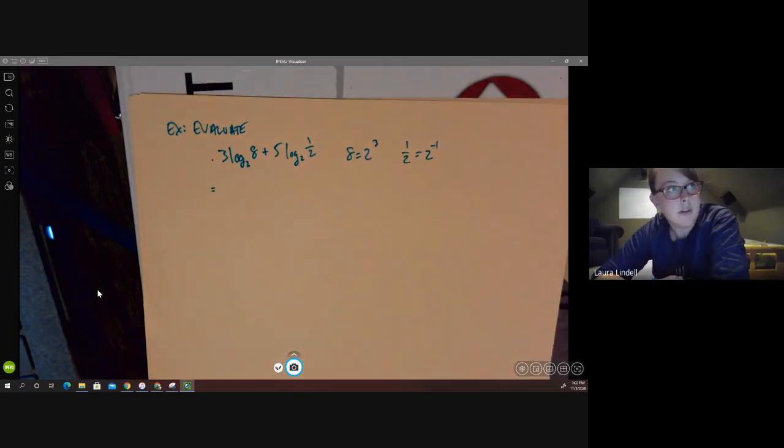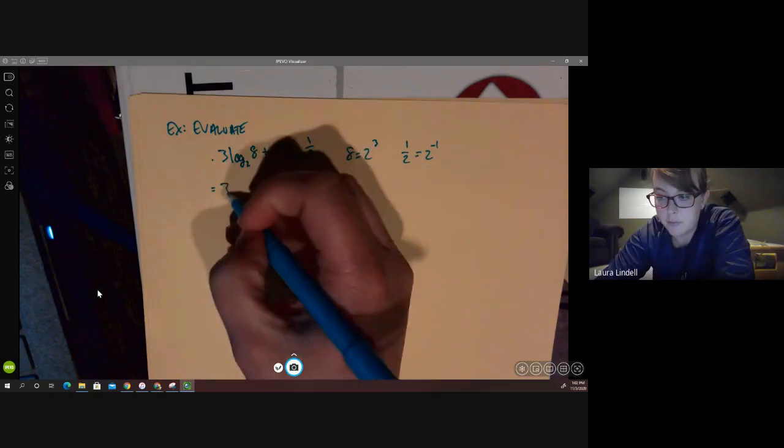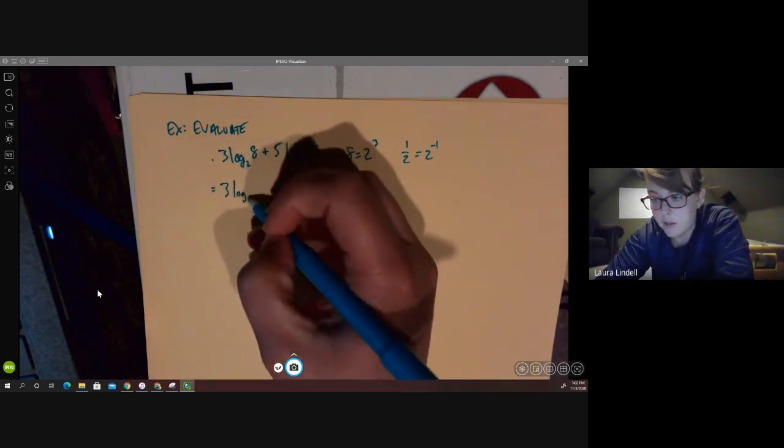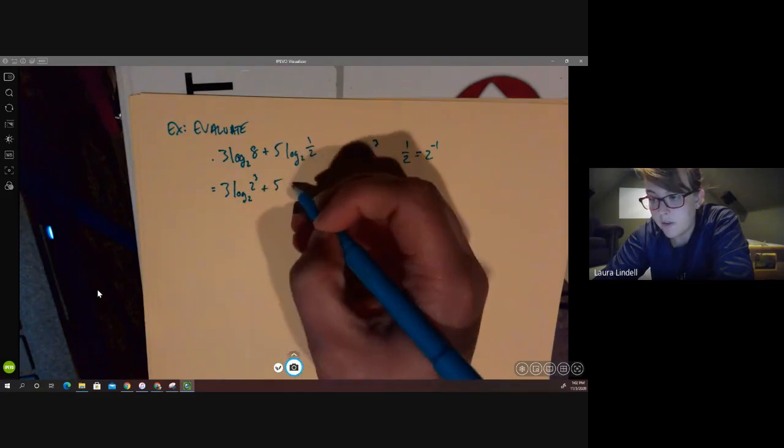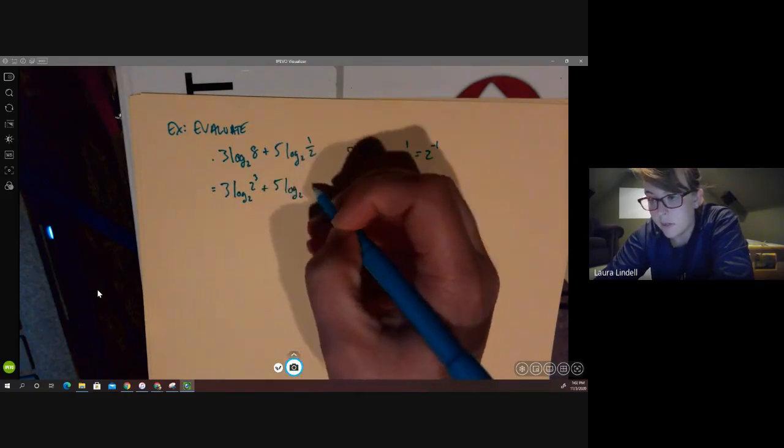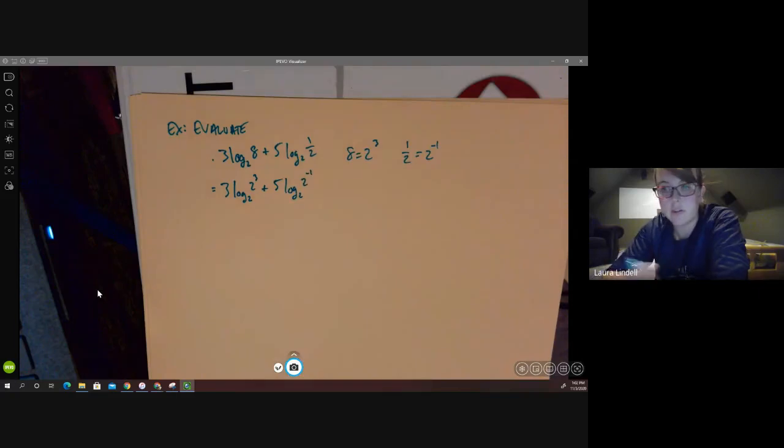So if we can notice that right off the bat, that will help us out a lot, because we get 3 log base 2 of 2 to the 3rd plus 5 log base 2 of 2 to the negative 1st.